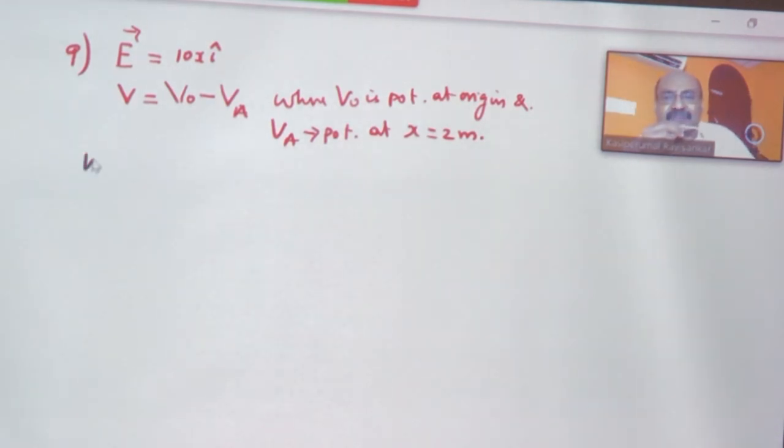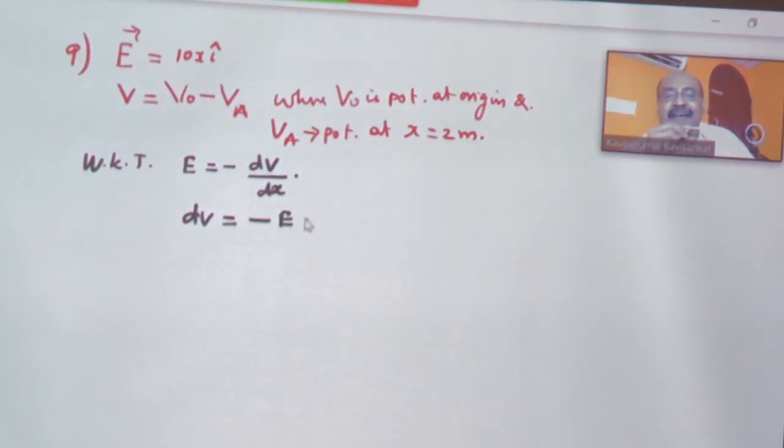We have studied a relationship between the electrical field and the potential difference: E is equal to minus dV divided by dx. From this I can write the value of dV. dV can be written as minus E into dx.